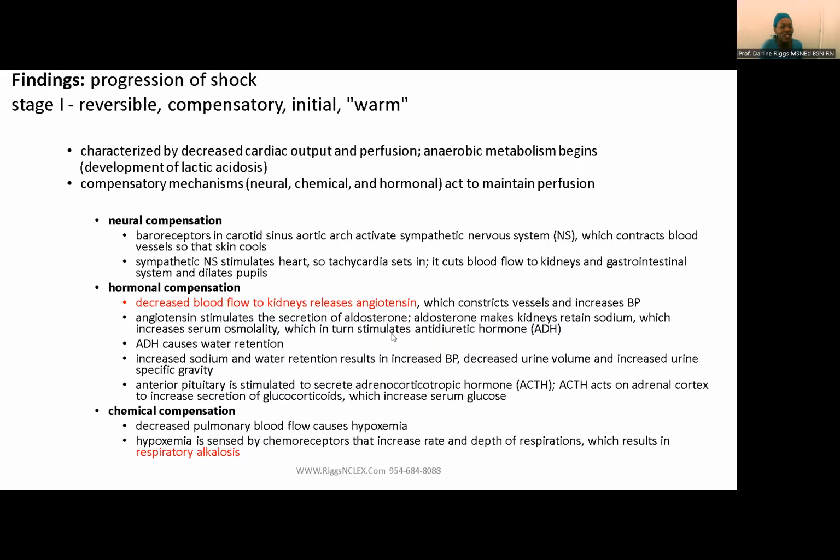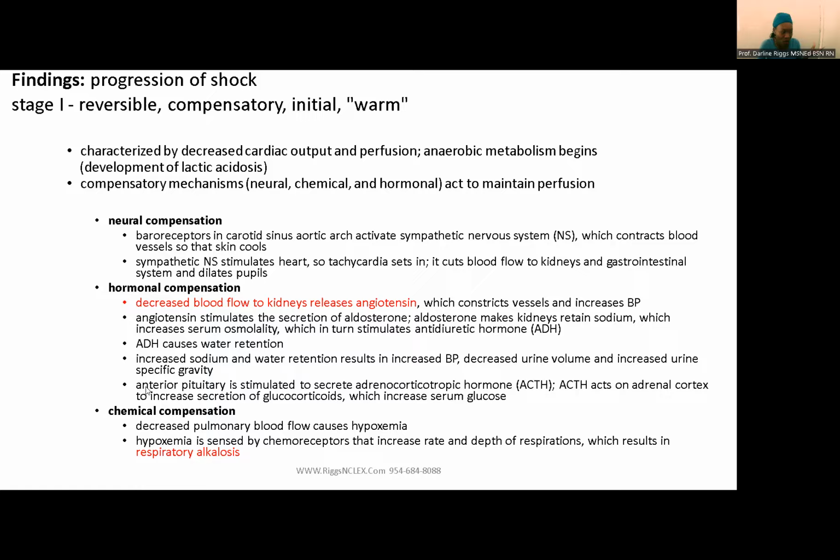Which in turn stimulates your antidiuretic hormone, which we've talked about before, which is going to cause you to not pee. And that increased sodium and water is going to cause your blood pressure to go up. That's what we want, because the problem is your blood pressure is going down. That decreased urine volume is going to increase urine specific gravity.